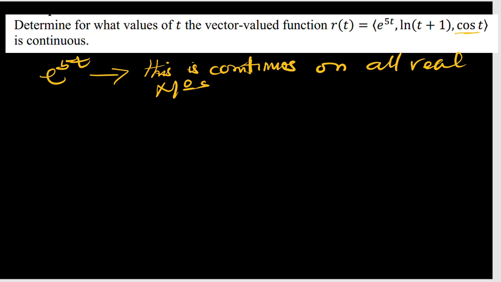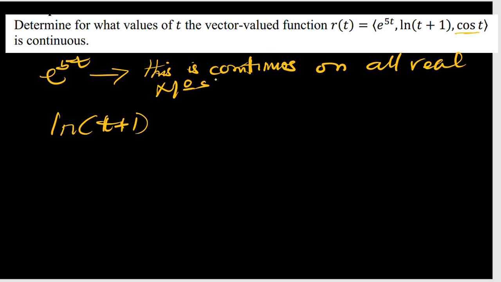Then let's look at the length function. Length of t plus 1 is continuous when t plus 1 is greater than 0. Remember, the length function is defined for numbers greater than 0.